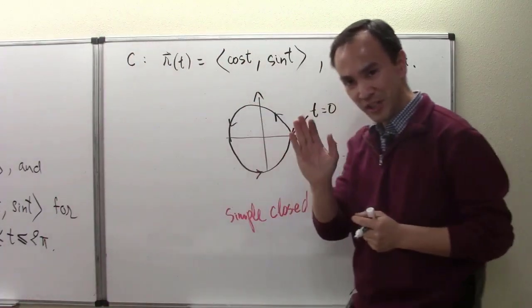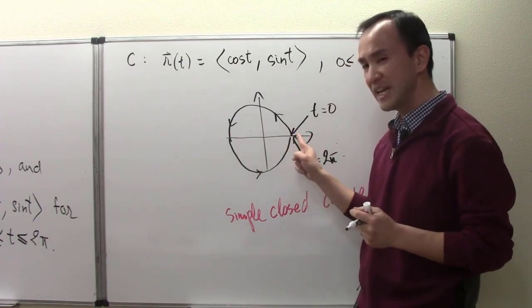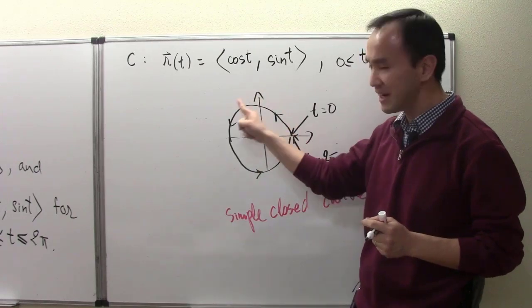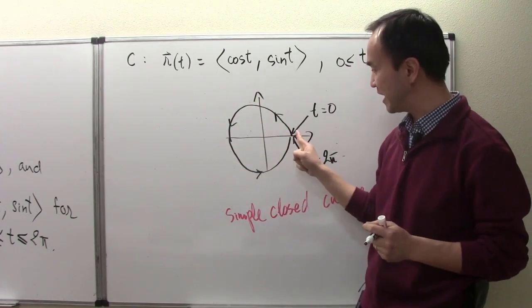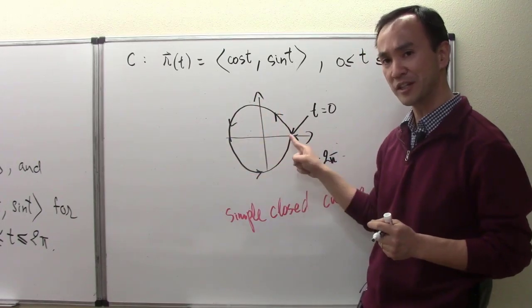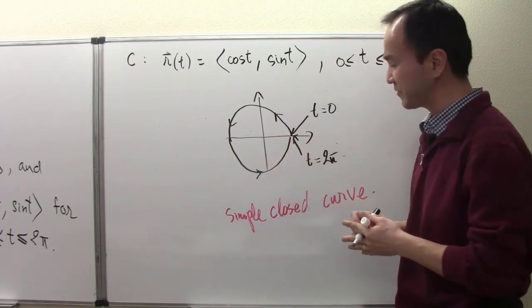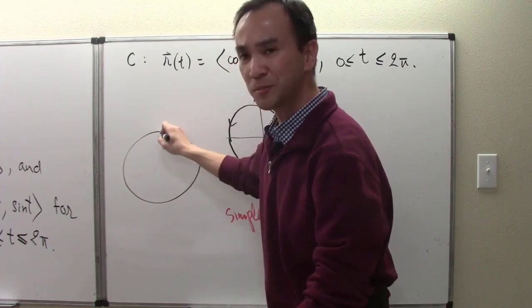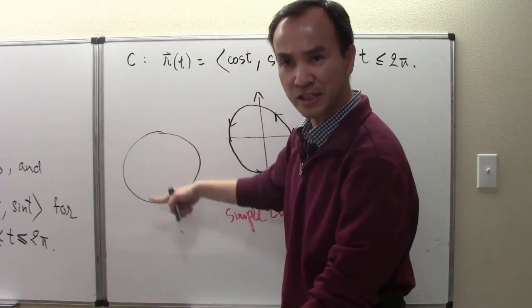A little furthermore right here. Ever since we started learning about line integrals, any curve or any path is oriented. And right here this simple closed curve is positively oriented. So what does positively oriented mean? Think about any closed loop. A closed path doesn't have to be a nice round circle.